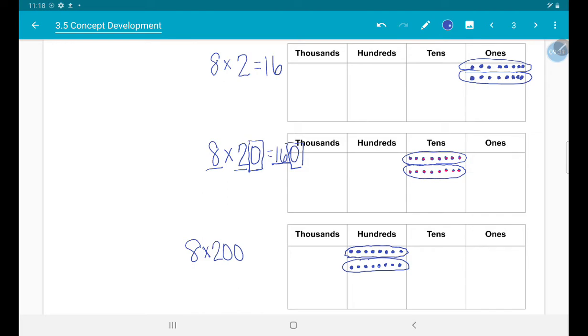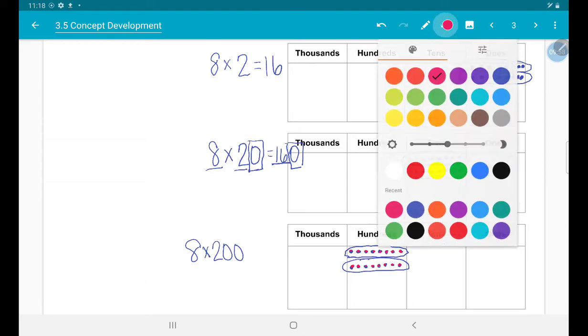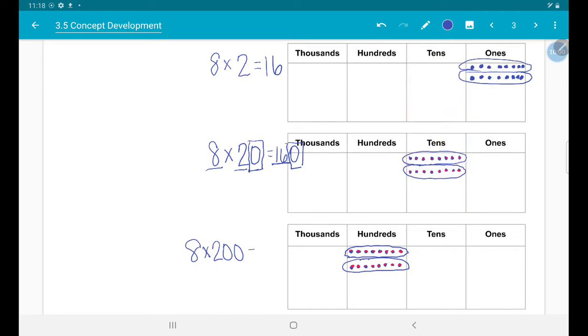So if I count those, 100, 200, 300, 400, 500, 600, 700, 800, 900, 1000, 1100, 1200, 1300, 1400, 1500, 1600.